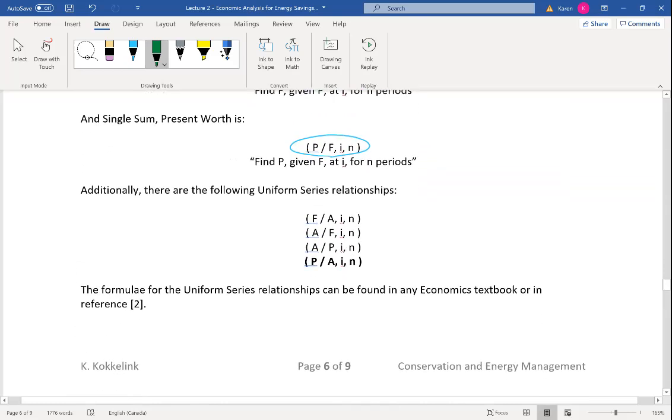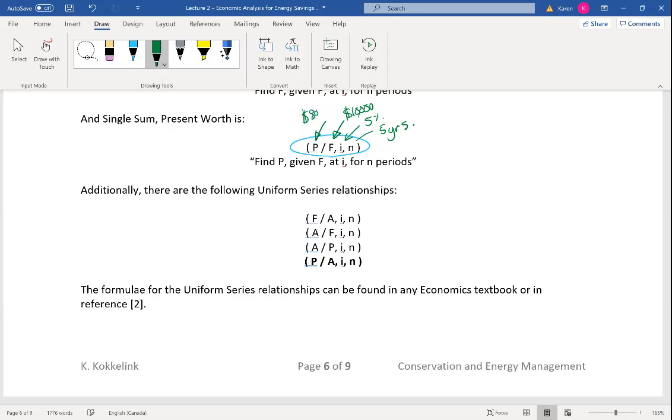And this one says I'm going to find P if I know the future value. So find P if I know the future value is 10,000, for example, and I know that I could have earned 5% on it for 5 years, then what is the present value? I don't know, 8,000. But there are tables that give you a number for this.